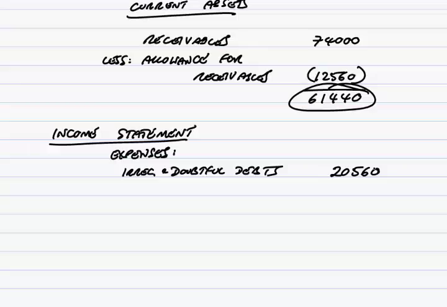Either next year he'll pay us, in which case he's not doubtful, and how are we going to deal with it? Or if he still hasn't paid at the end of next year, then of course we can't keep him doubtful forever. If he still hasn't paid in another year, then we're going to almost certainly decide he's bad or irrecoverable. And so, to cover everything that can happen, we'll have a break now, but then the next session we'll take Scylla, we'll take the question we've just done, and we'll look at what happens next year.